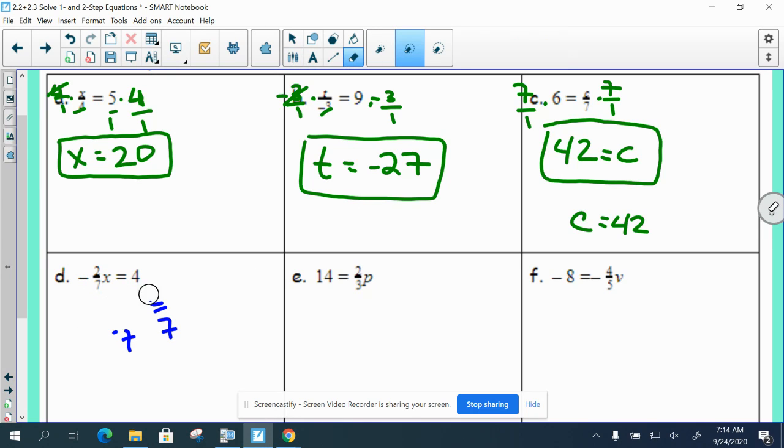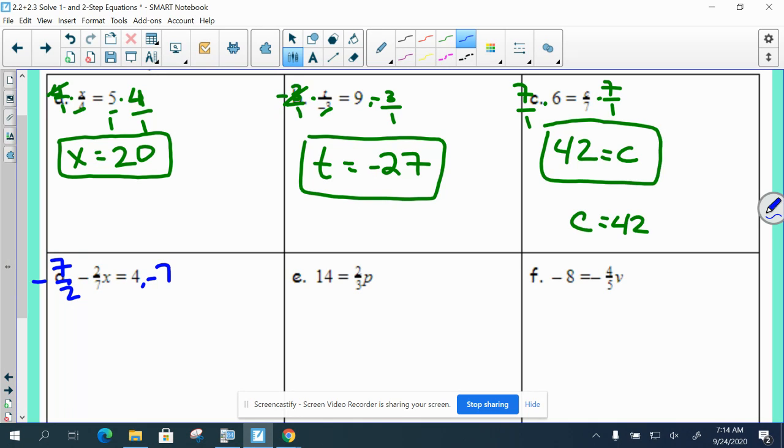So what we want to do instead, erase that, is something that you learned in your pre-activity, which is to take the reciprocal and also include the negative sign. So multiply both sides by negative 7/2 because the inverse of 2/7 is 7/2. So times negative 7/2.